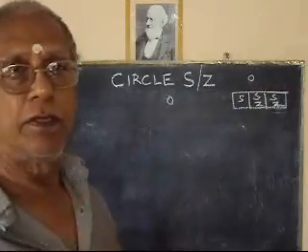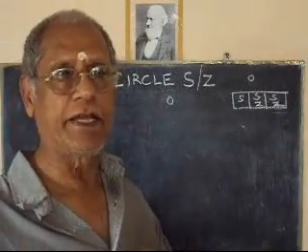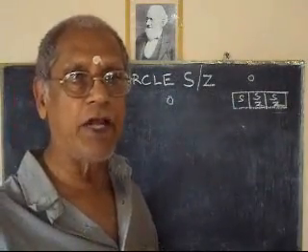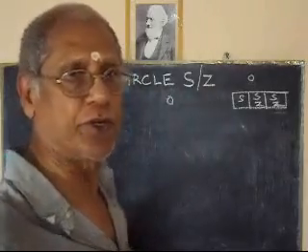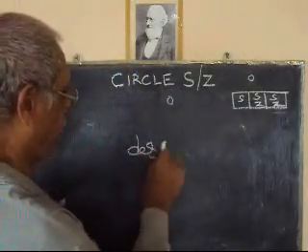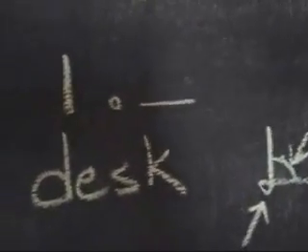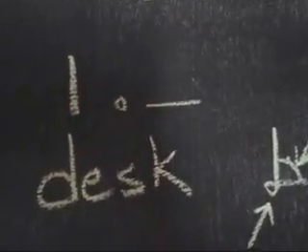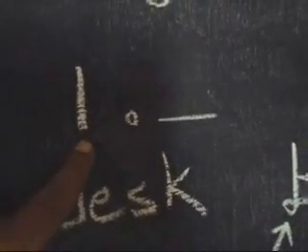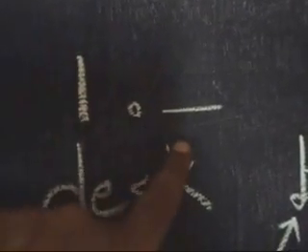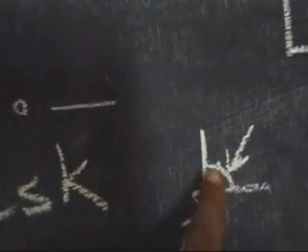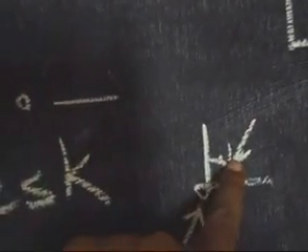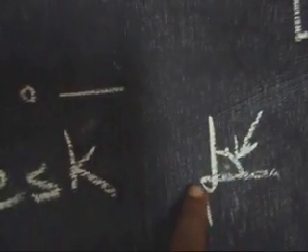The small circle is written inside the curves, outside the angle formed by two straight strokes. Suppose desk. D, circle, K. Now the circle is written outside the angle; that is the angle. This is outside.